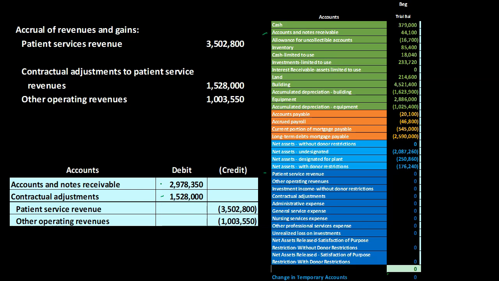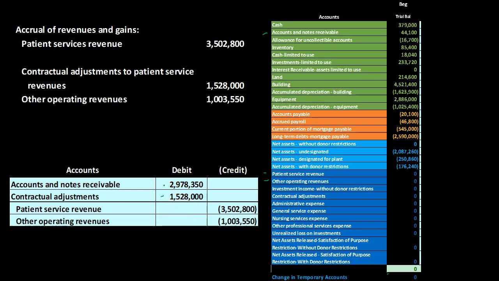And then we have other operating revenues. The other operating revenues we're going to put into another type of revenue account, other operating revenues, crediting that account. The debit there too, as we're going to say it was received on account, we didn't get the cash yet, then debiting to the accounts receivable.